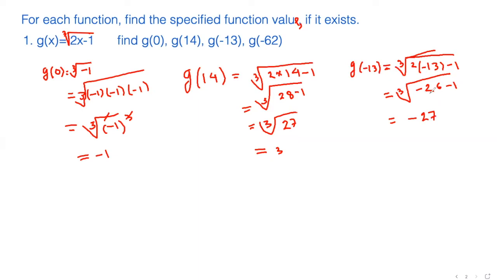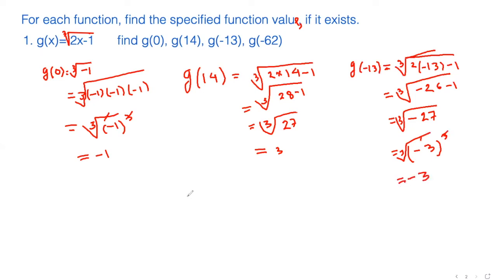Negative 26 minus 1 is negative 27, and cube root. So again, negative 3 times negative 3 times negative 3 will give you negative 27. So negative 3 to the power 3 is negative 27. And again, this cube root and the power cancel each other. So the answer is negative 3.